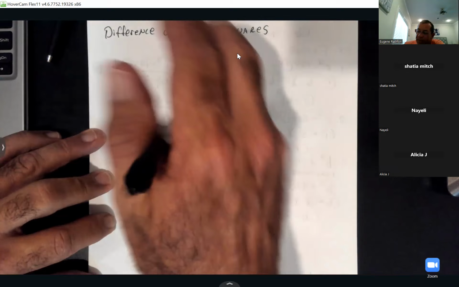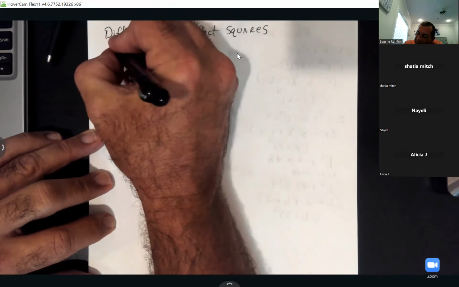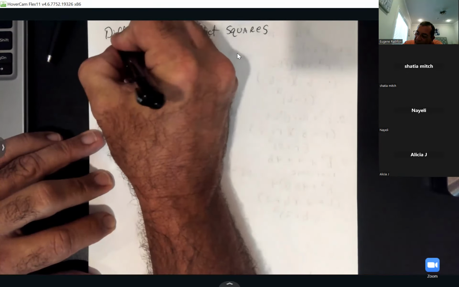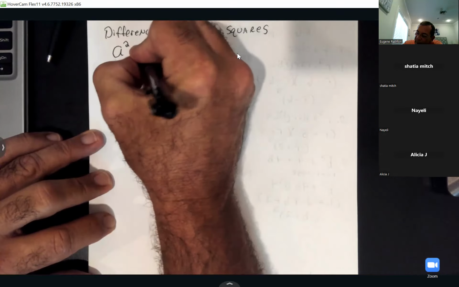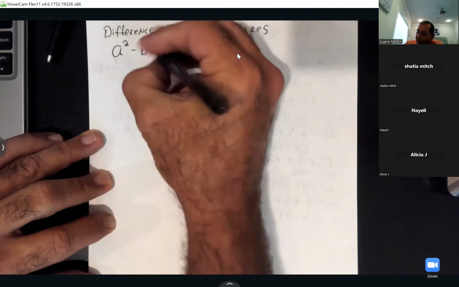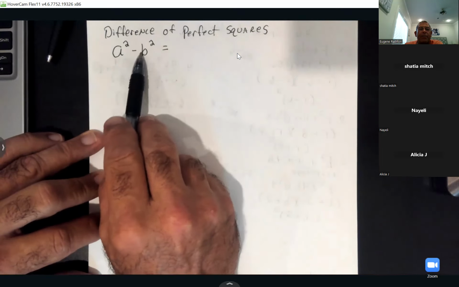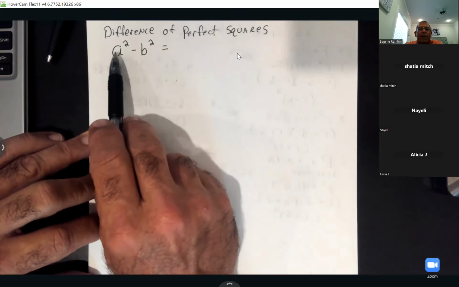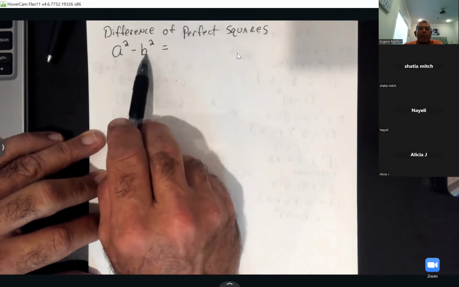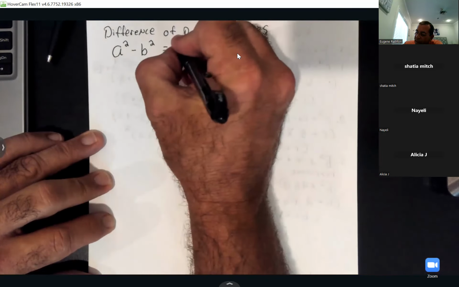So we got a pattern for these. If we get something like this, a squared minus b squared. So notice, difference is the subtraction, and perfect squares would be the a squared minus b squared stuff.